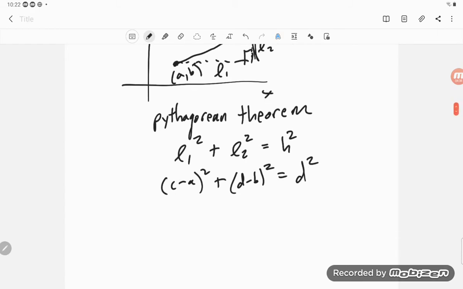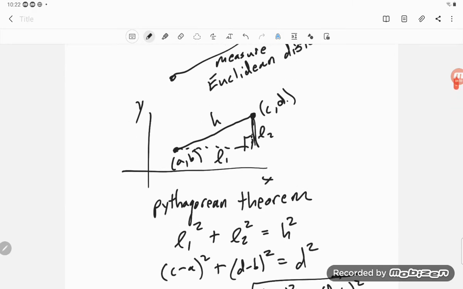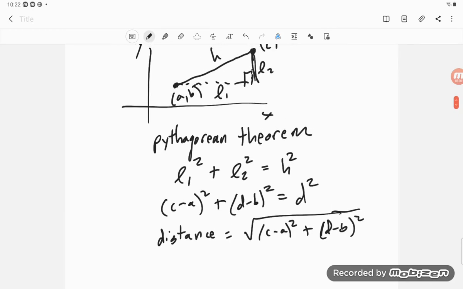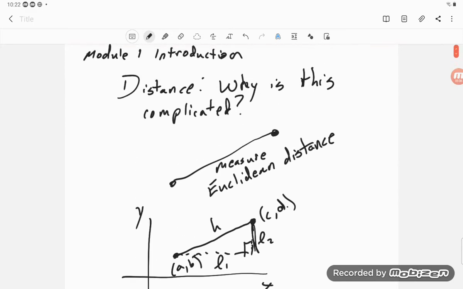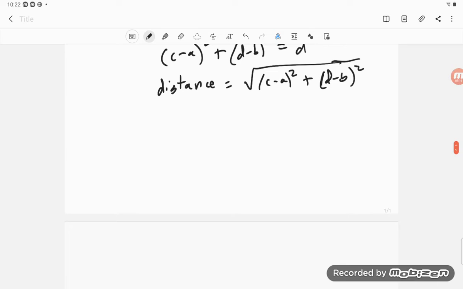And so my distance, using the Pythagorean theorem, is the square root of my difference in the x coordinates squared plus my difference in the y coordinates squared. So on a grid, on a map or something like that, where I know coordinates, I can use the Pythagorean Theorem. Okay, great. End of story?